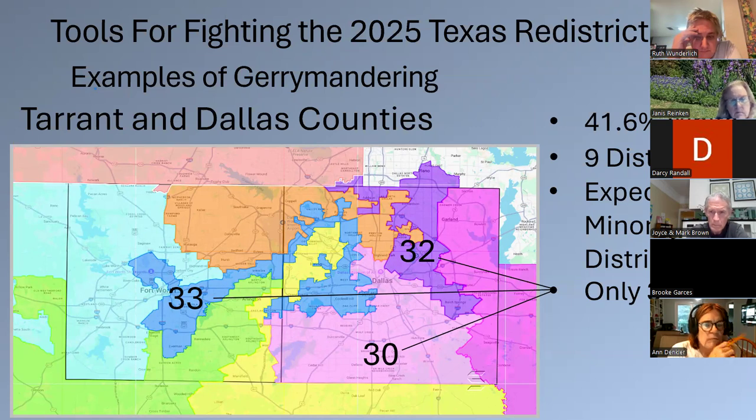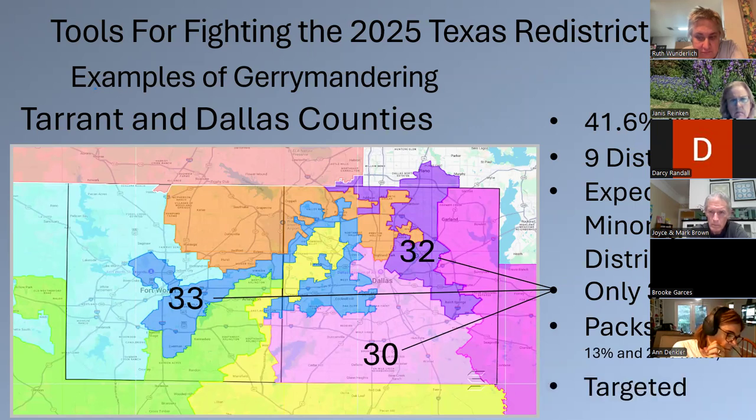These are packs. From 41%, some of these are 13% white, and they are the ones which were targeted by this redistricting. As I said, 2 of these districts are now white districts under the new redistricting.